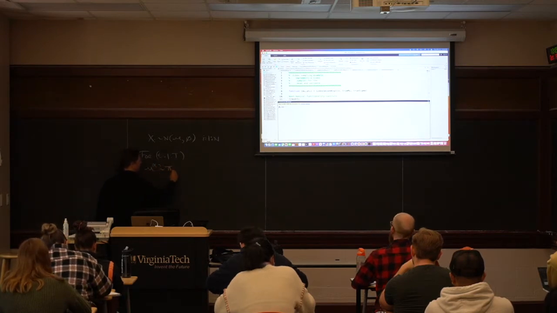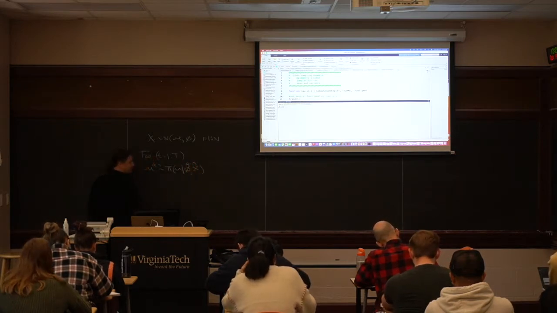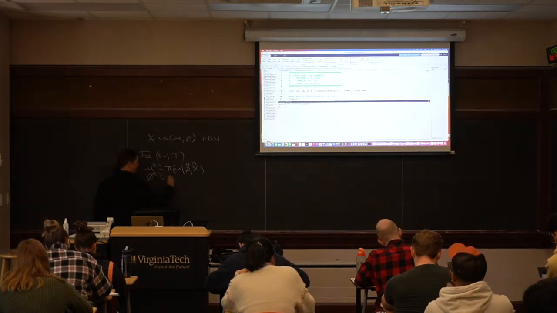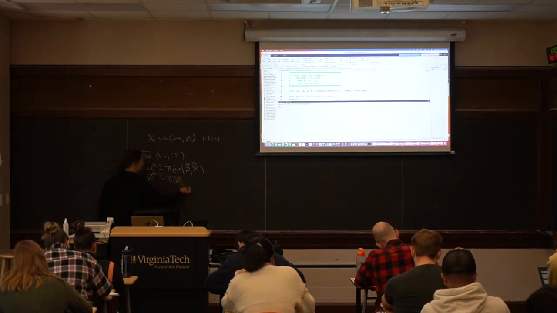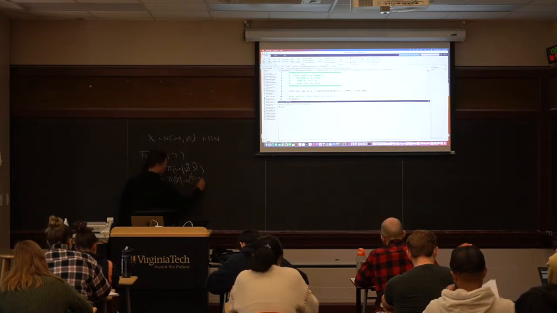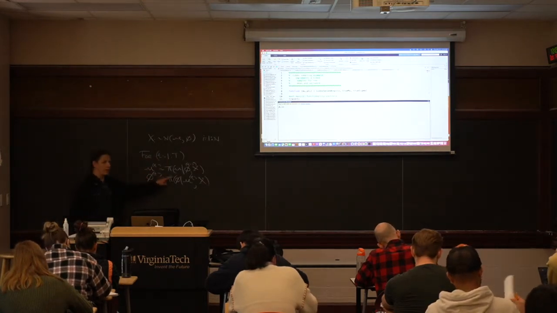This is going to come from its full conditional distribution. I'm going to have to initialize phi t minus 1, and then I'm going to get a phi update. It's going to come from its full conditional distribution. I don't need to initialize mu because I'm going to get my first mu there and I'll plug it in.